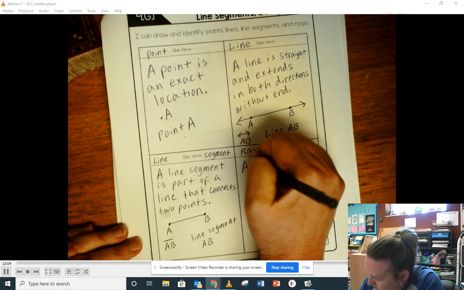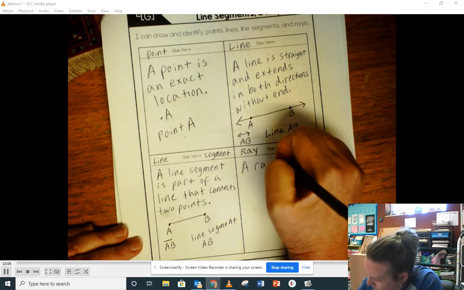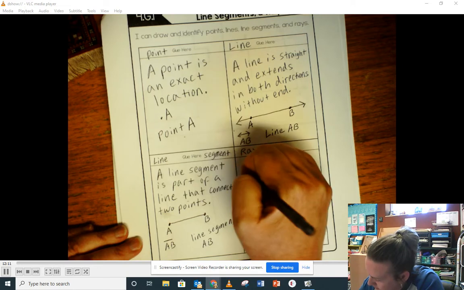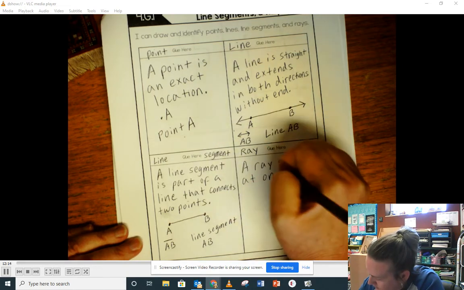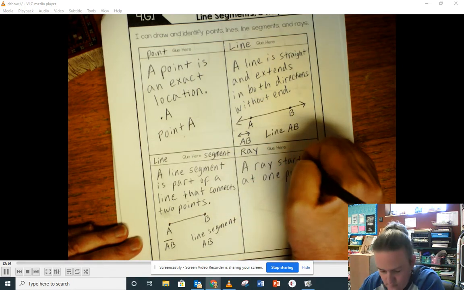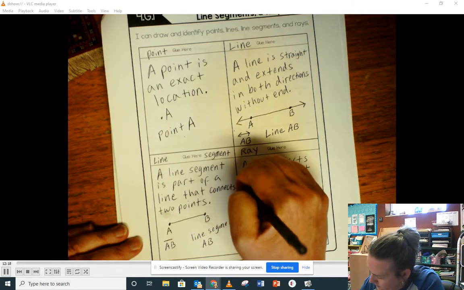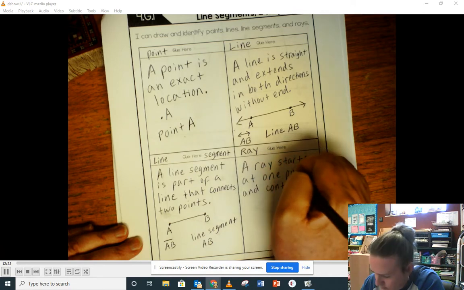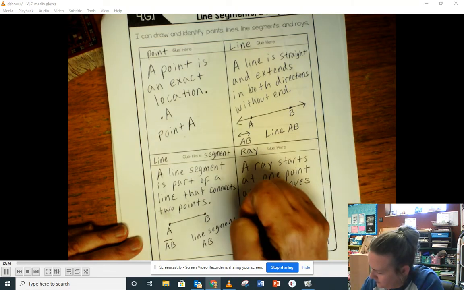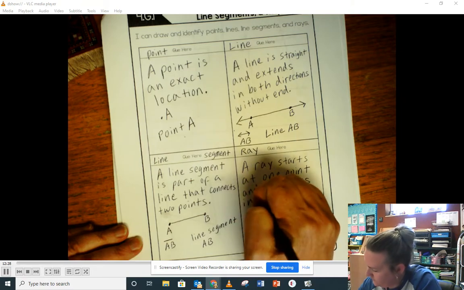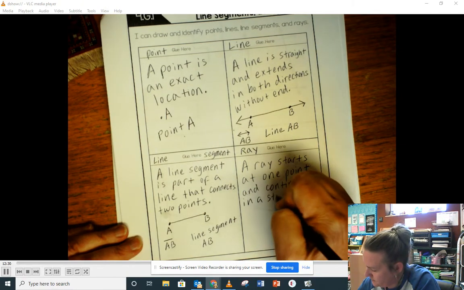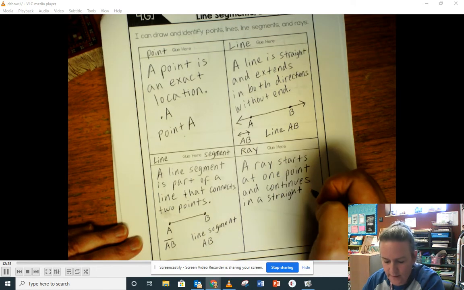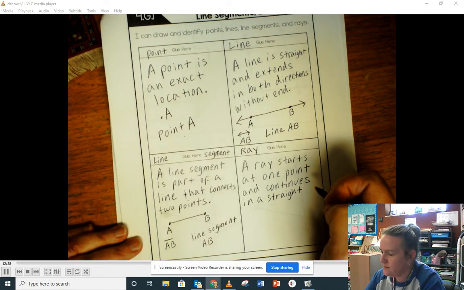A ray starts at one point and continues in a straight. All of these lines and line segments and rays are straight, no bends, no curves.